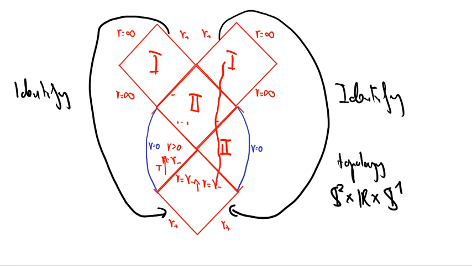Then he enters another intermediate region, and then when he comes here, given the identification, he ends up here. So in this picture, the observer enters the black hole and then leaves the black hole at the same universe in which he entered, but at a different time. So we can think of this representation as a time machine.